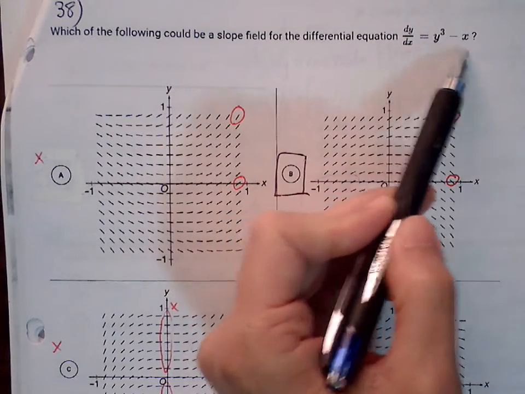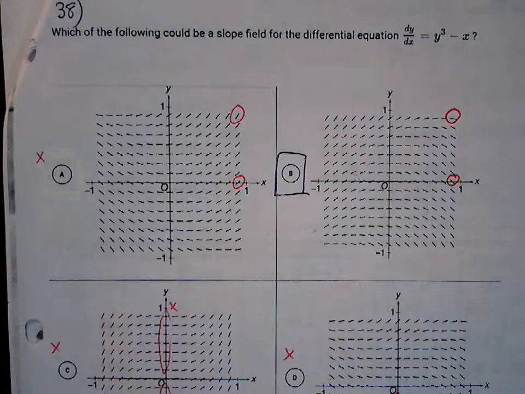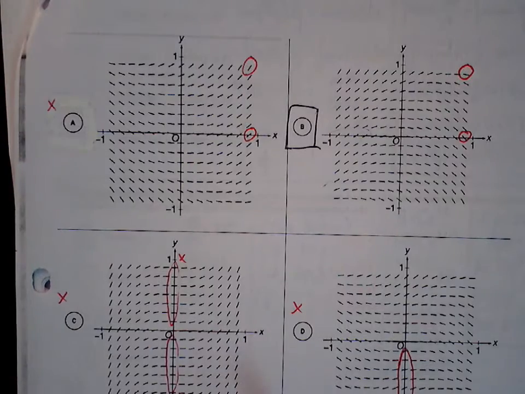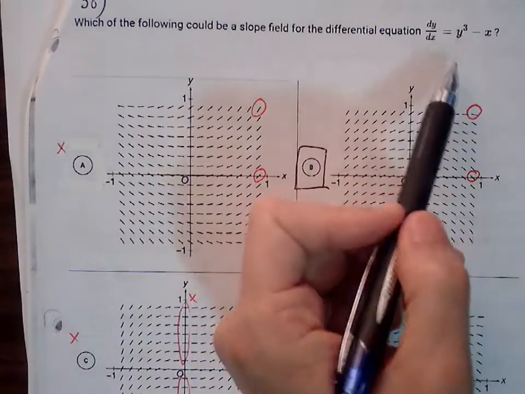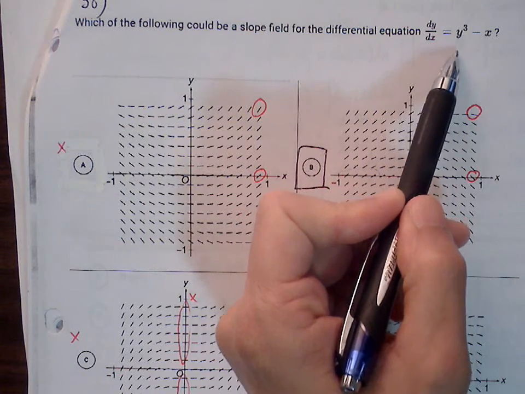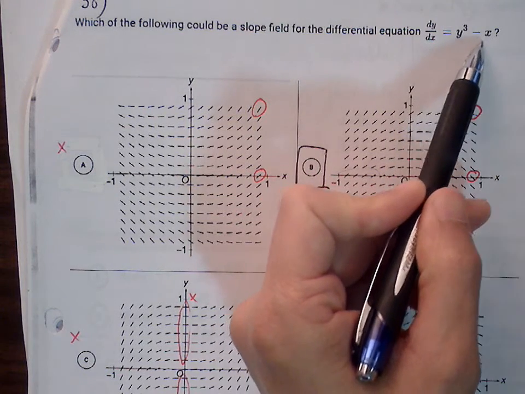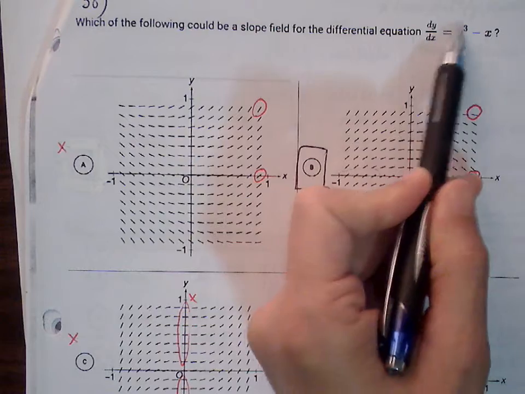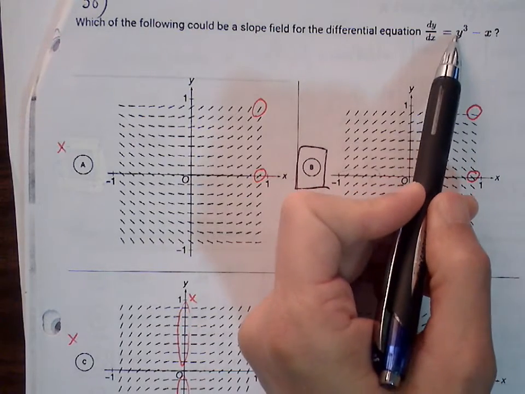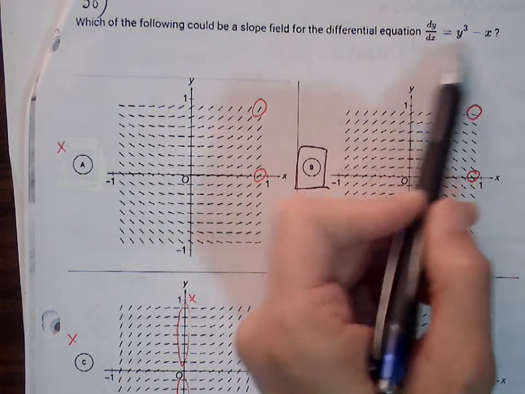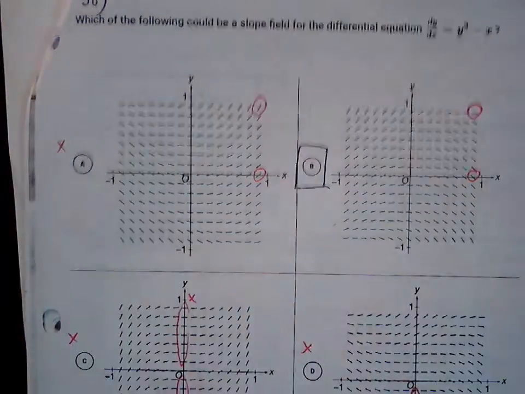For y cubed minus x, I know that when x is 0, I should be getting something in terms of y cubed. So when x is 0, I'm not necessarily going to get 0. That's something that I notice.